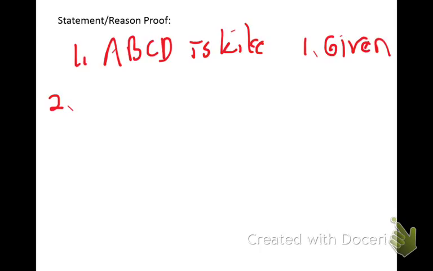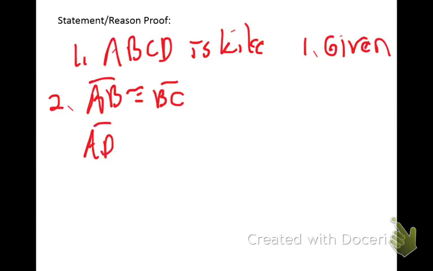Line AB is congruent to line BC. All right, and what other lines are congruent? Because it's a kite. Julia? AD is congruent to DC. And that's by definition of kite.